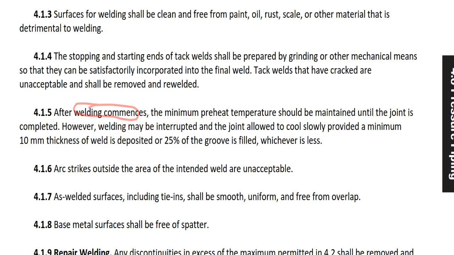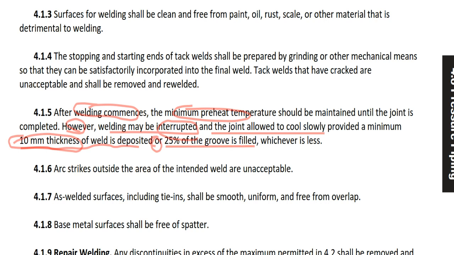After welding started, minimum preheat temperature shall be maintained till the completion of the weld. However, welding may be interrupted. The joint is allowed to cool slowly provided minimum 10 mm thickness of weld is deposited. This is important, 10 mm thickness, or 25% of the groove is filled.